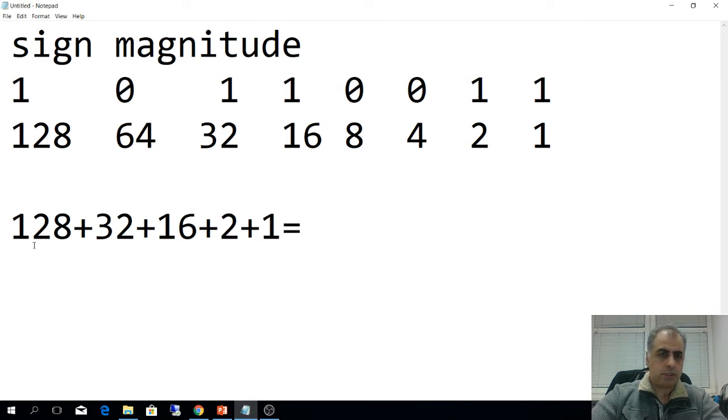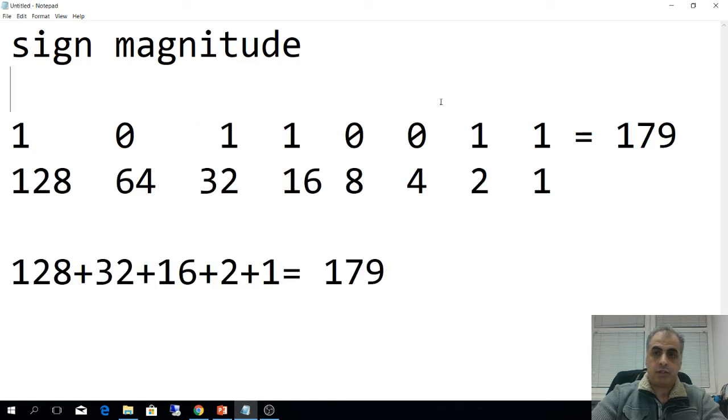When you calculate this addition, 128, 160, 176, 178, 179. So in other words, this binary number is equal to 179 as a decimal number. Okay, so that is the normal calculation when we talk about unsigned information.